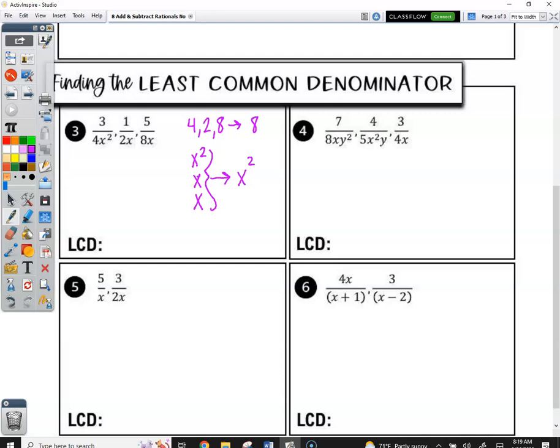Then you say, okay, so the LCD is 8x squared. The goal is that the denominator can be written underneath whatever you found the LCD to be. The denominator can be written underneath it.